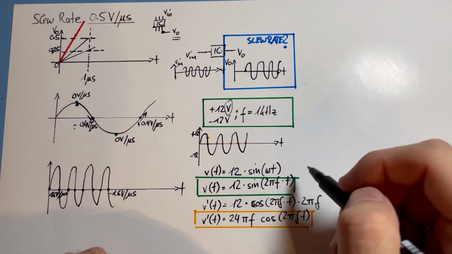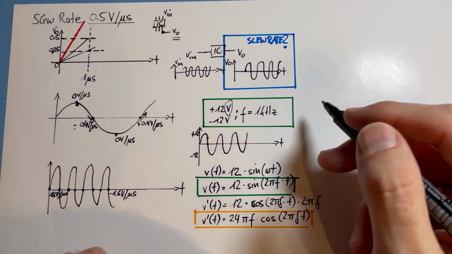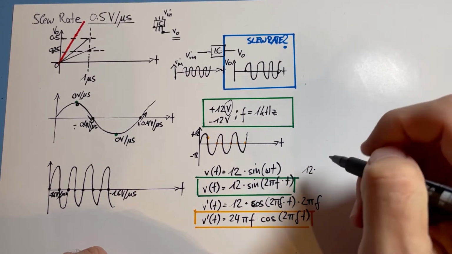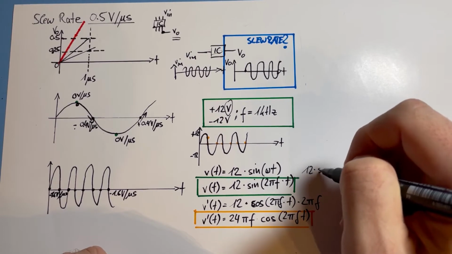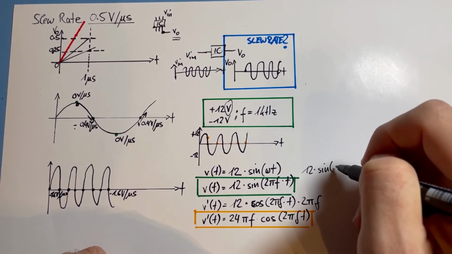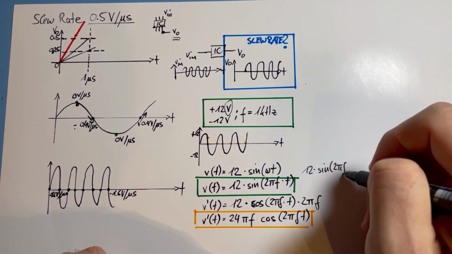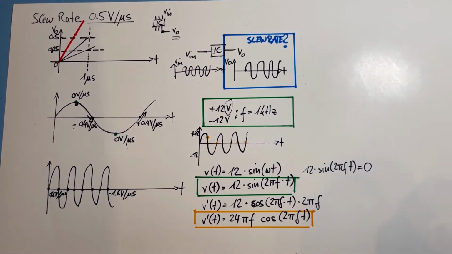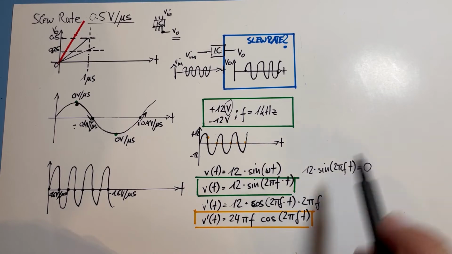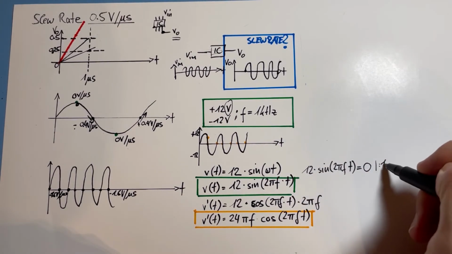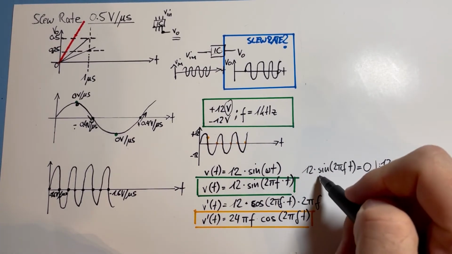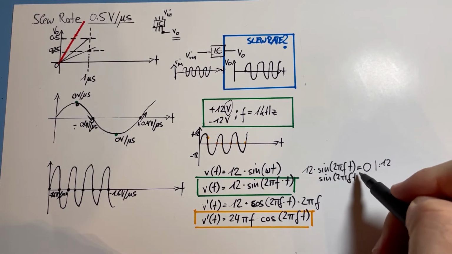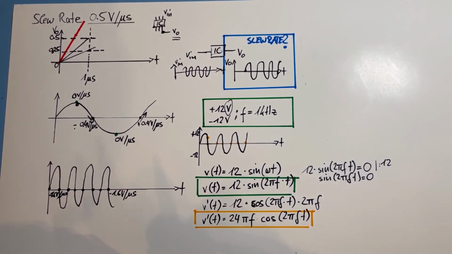So let's say 12 times sine of 2 pi f t equals 0. Okay, first we divide by 12. Then we're left with the sine of 2 pi f t equals 0, without the 12.